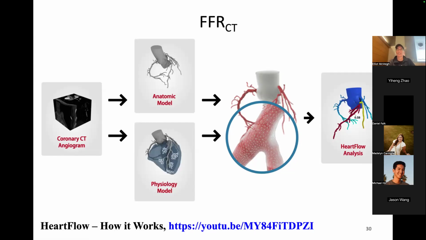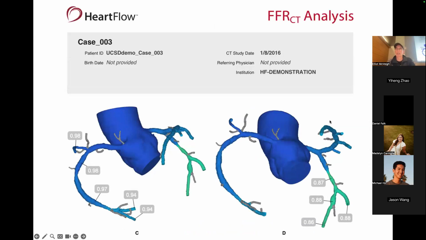They build it, and then it comes up with a report that says, okay, as I go down the vessel, the pressure in that vessel is going to drop to 0.87 of what it is here across the lesion, right? And as the lesion gets tighter, that pressure drop gets bigger. When you do this with a catheter, you can put a really small catheter in here, measure the pressure here, proximal to the lesion, and then you push it across the lesion and measure the pressure there. You will see the pressure drops, right?